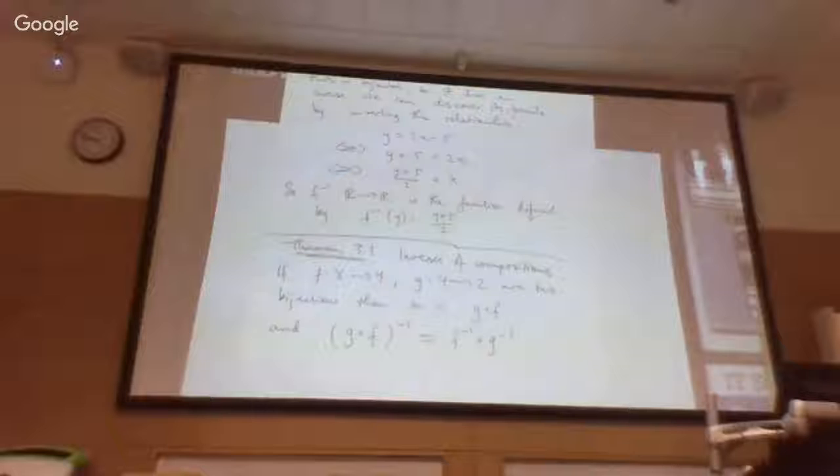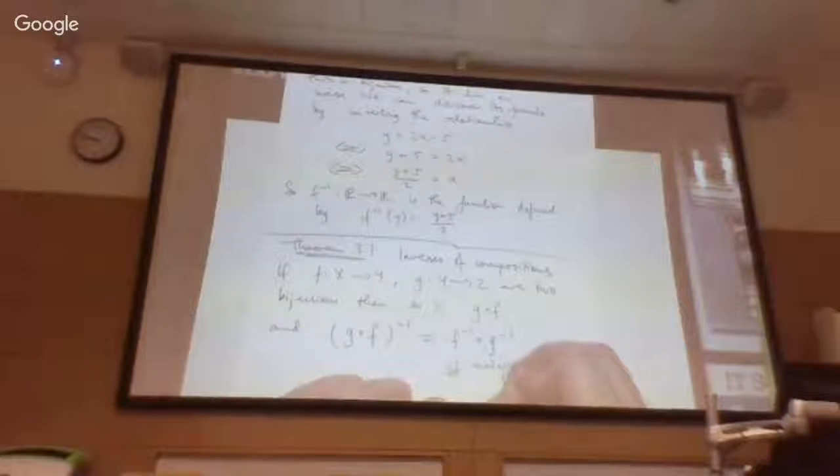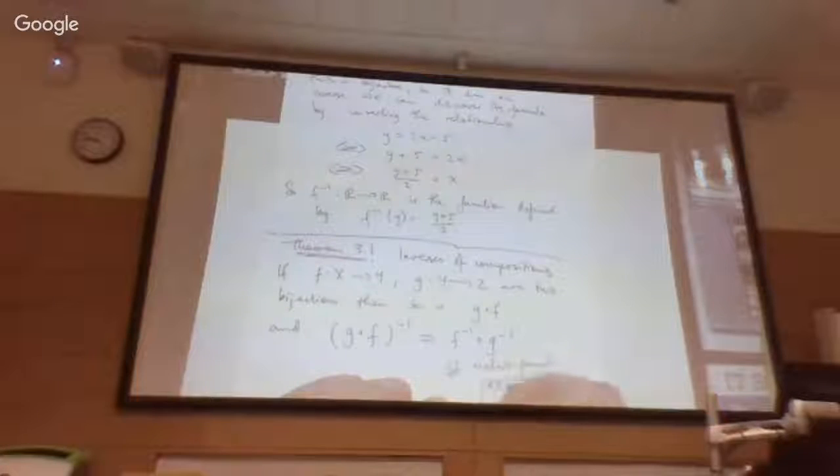Now you're familiar with this from matrices. You've seen the matrix formula. So compare this with the matrix formula. Probably you saw it in this notation: AB inverse is equal to B inverse A inverse.